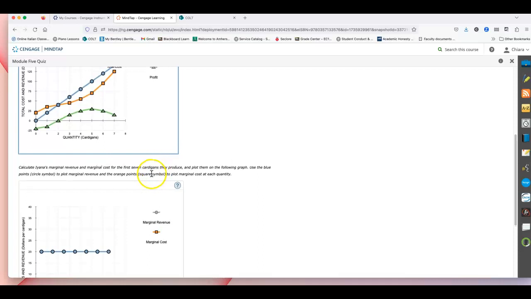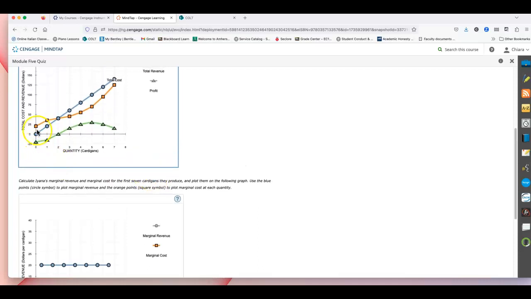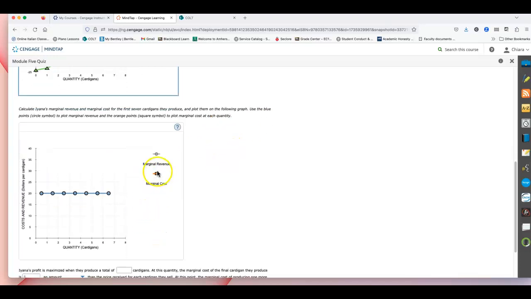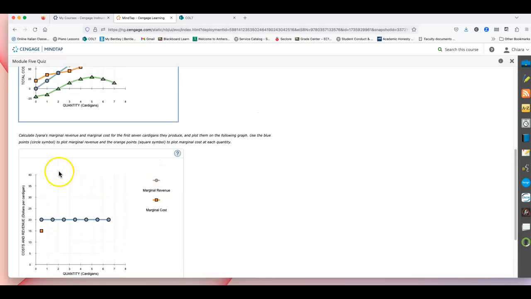The marginal cost is not quite as easy because we really have to calculate it. So the marginal cost, we know the fixed cost is the $20, right? The marginal cost from 0 to 1, the cost changed from $20 to 35. So the change in total cost was $15 divided by 1 is 15, right? So our first marginal cost will be at 15, 0.5, 15.